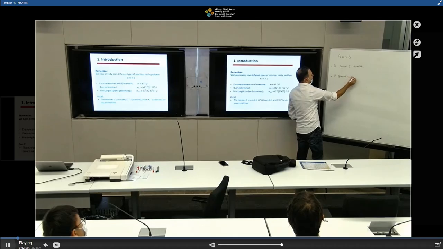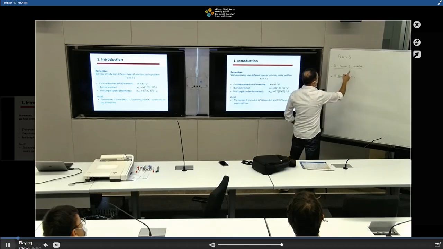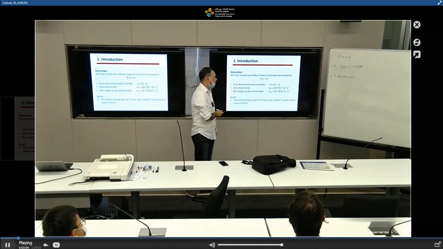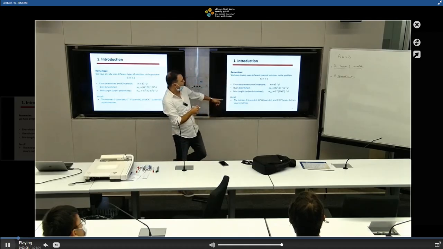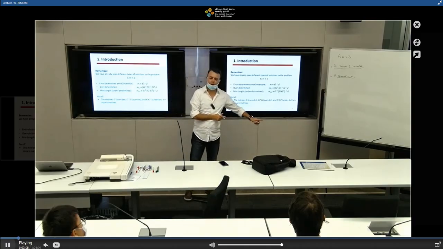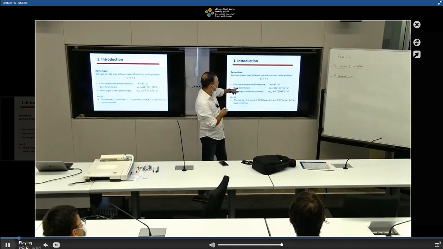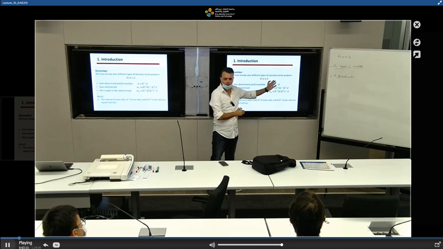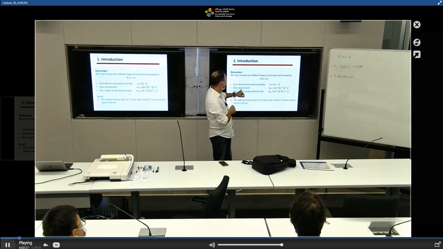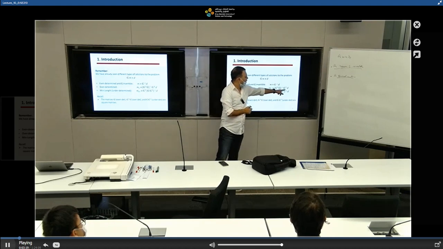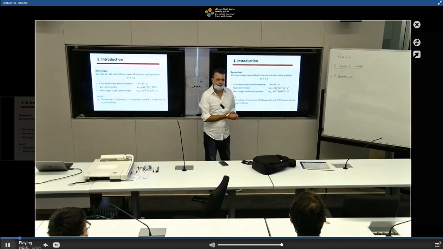Why do I care about this one? Because in many inverse problems, we end up solving a square linear system. If you take the even-determined case, it is directly square and invertible. If you take the overdetermined case, you're solving for this.